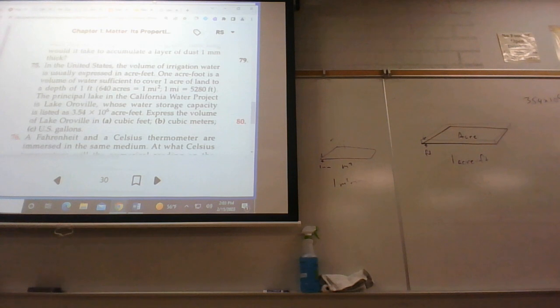Rounded to 3, it goes to 1.54 times 10 to the 11 cubic feet. If I want this in times 10 to the 9th, this would be 154 times 10 to the 9th cubic feet. 10 to the 9th is what? Billion, trillion? 154 billion cubic feet. So Lake Oroville contains 154 billion cubic feet of water, if I did this correctly.